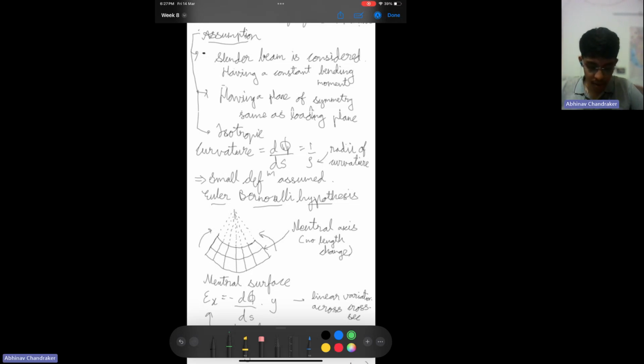The benefit of it is that once you consider something to be isotropic, then you can say that normal stresses will only cause normal strains, and shear stresses will only cause shear strains. So this demarcation can happen, and that makes the analysis of the stress state much easier.